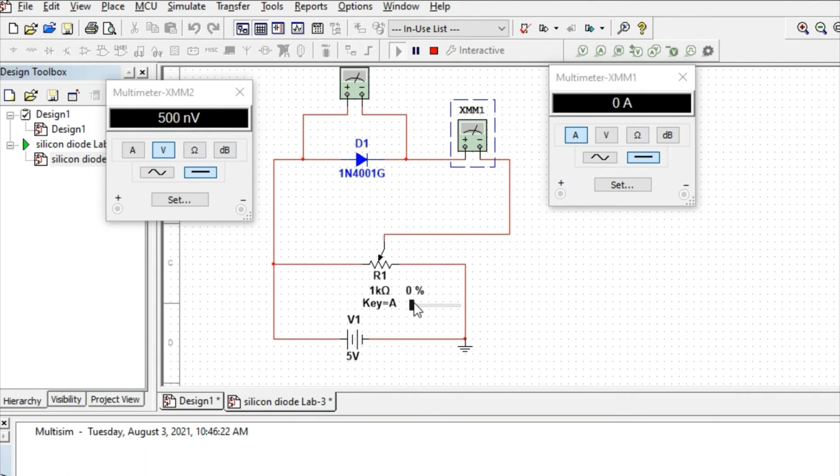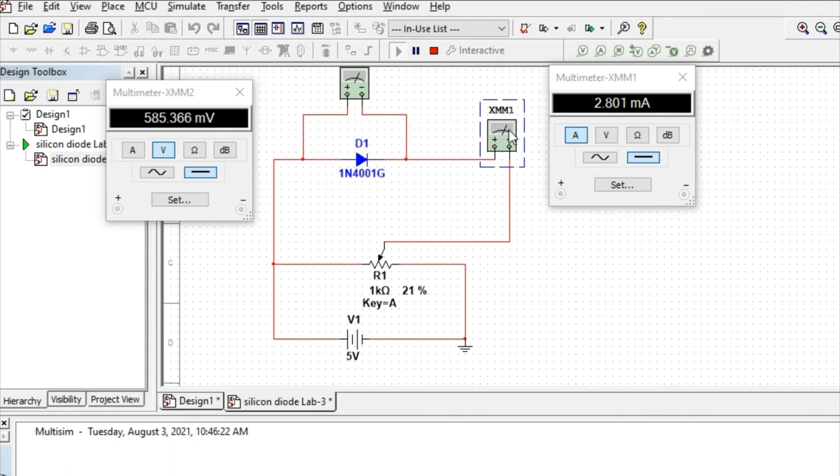And now as we increase the percentage, the current starts flowing as well as the potential increases. By measuring the current as well as voltage for different percentage of value, we can plot out the graphs in Excel.